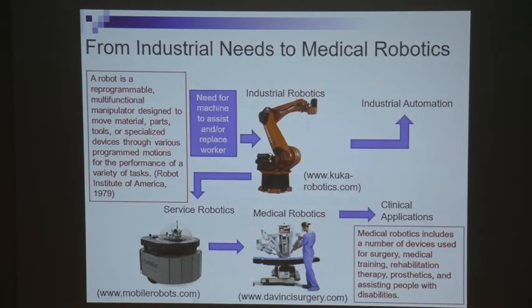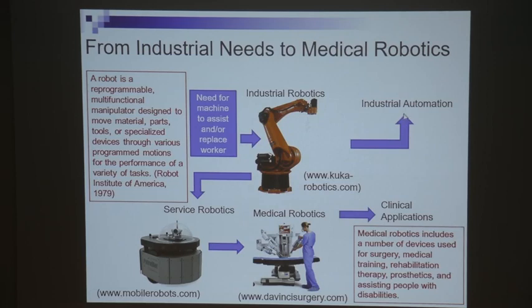So what you see here is that there's a shift from industrial need to medical robots. In 1979, there was a definition saying that a robot is a reprogrammable, multifunctional manipulator designed to move material, parts, tools, or specialized devices through various programmed motions for the performance of a variety of tasks. This was a definition by the Robot Institute of America in 1979. This is very much driven by the need for a machine to assist and/or replace workers, which created the industrial robot.